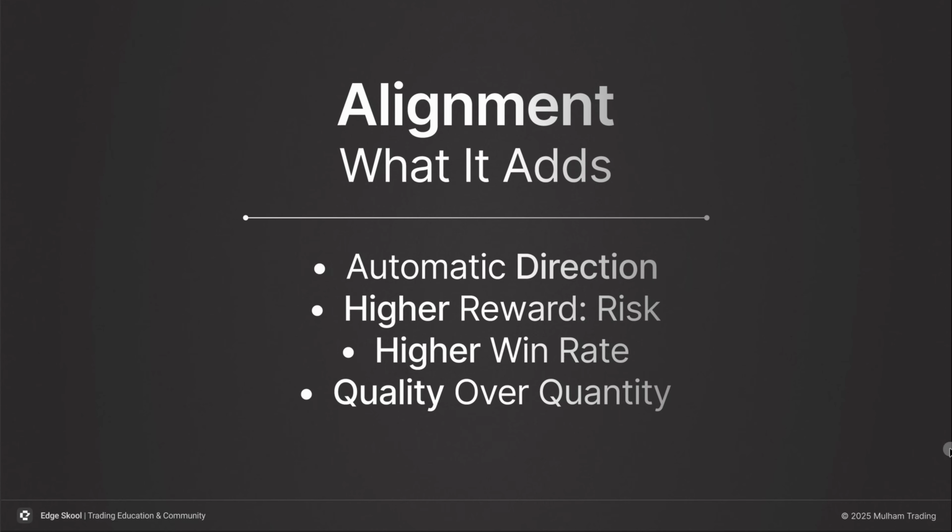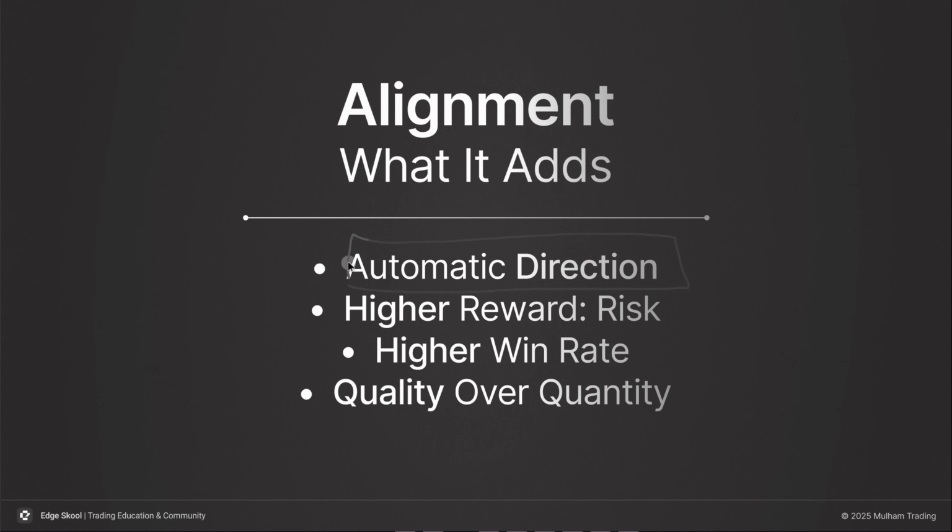Now, when we talk about alignment, why is it the missing piece in your trading strategy? What does it add to your trading strategy and to your trading plan? It adds automatic direction, and that means just by having a key level and then you're trading at that key level. So let's say this is a key level and price comes in here on the low time frame. When price goes to that key level, you already have an automatic direction.